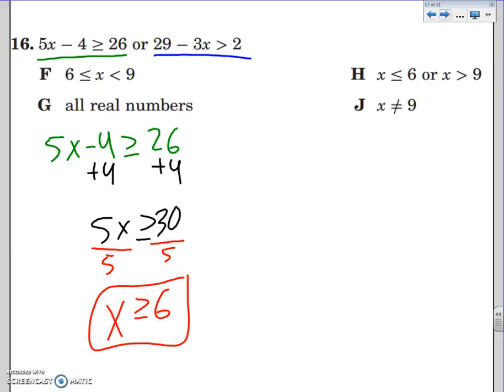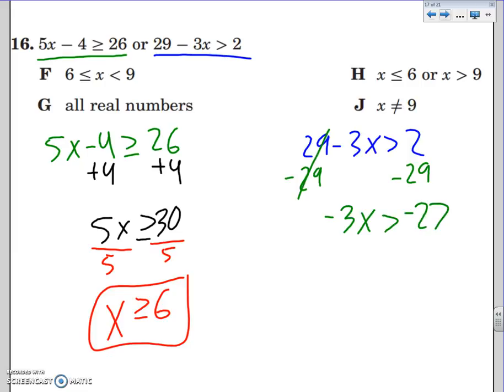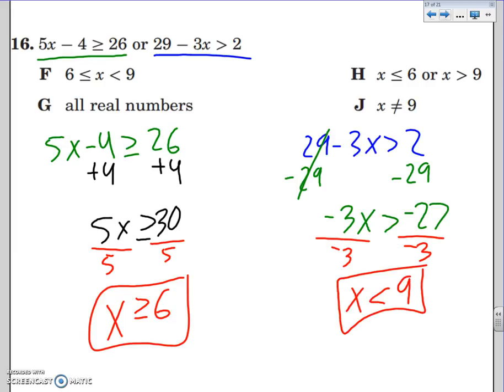First answer. I did divide by negative here, so I will flip the sign. Here's my answer. X is greater than or equal to 6. X is also smaller than 9.